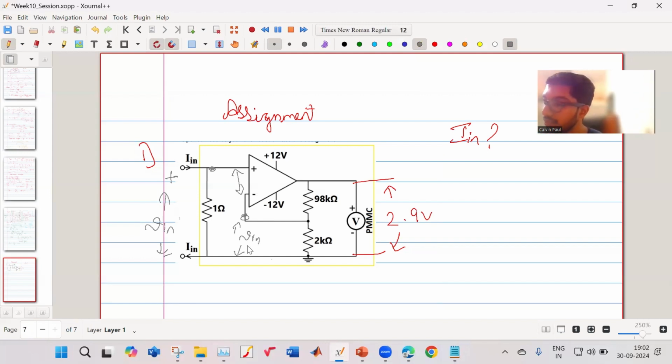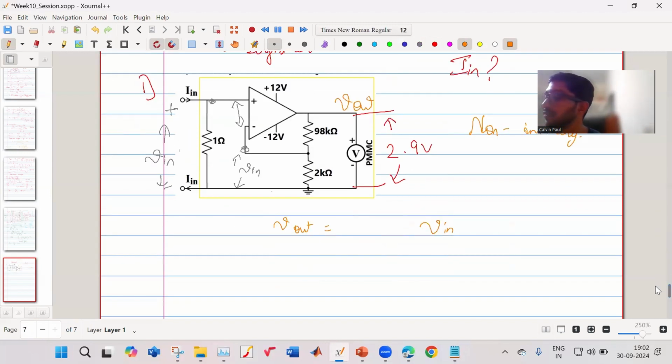This is a non-inverting amplifier, and this is the V out. So what is the relation of V out to V in? V out is equal to how much into V in? What is the expression? 1 plus R2 by R1. So it is 1 plus R2 by R1 into V in.